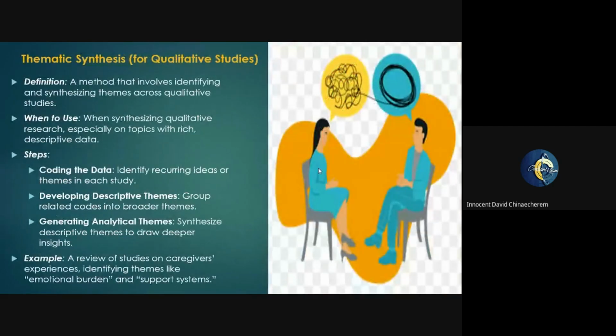So let's look at the thematic synthesis, which is another approach. A thematic synthesis is similar to the narrative, but in this scenario we're interested in the identification of themes.